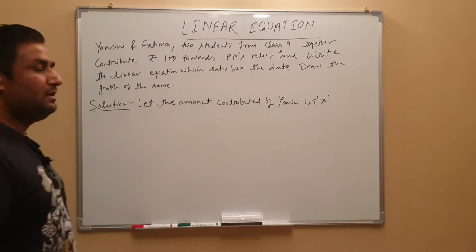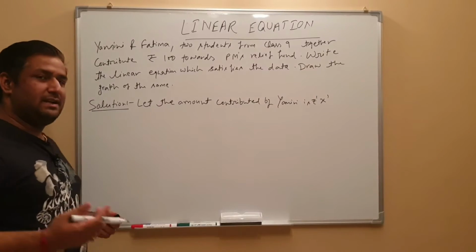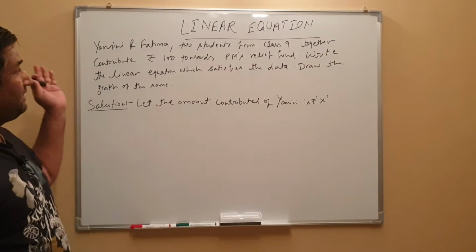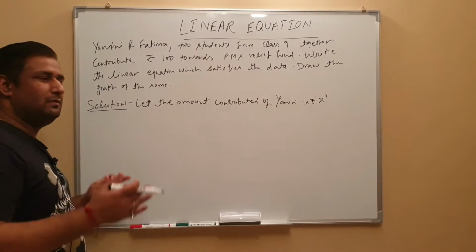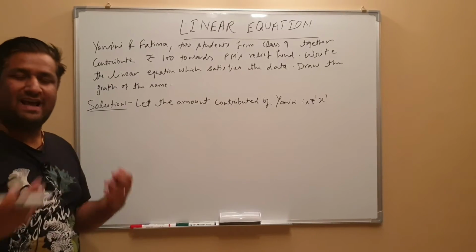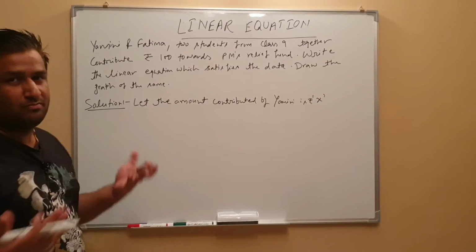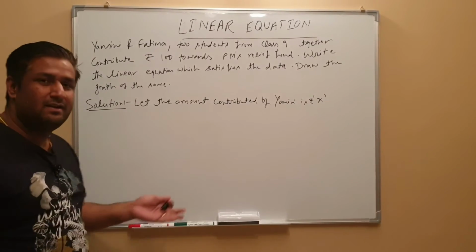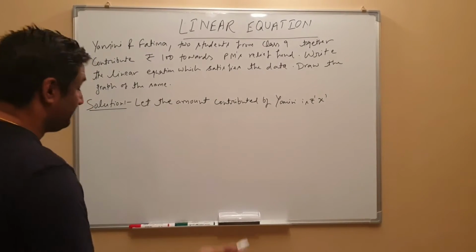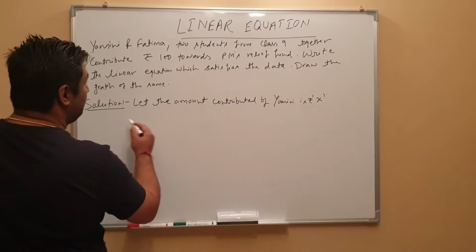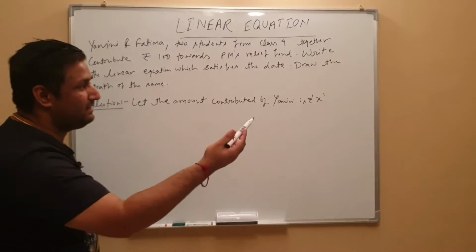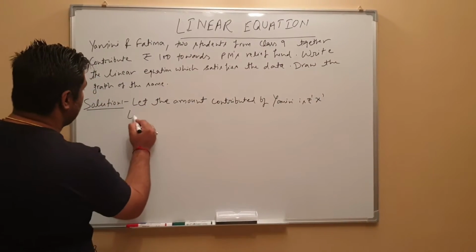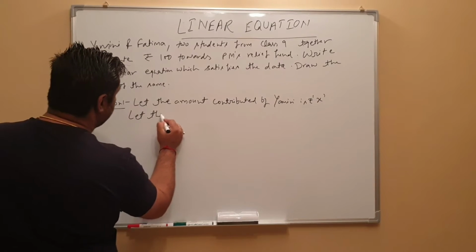Okay, so basically we are studying linear equation in two variables and we have two characters, Yamini and Fatima. So one's money we have to assume as X and the other's money we have to assume as Y. You can take any other variable also of your choice, but generally we take X and Y only.